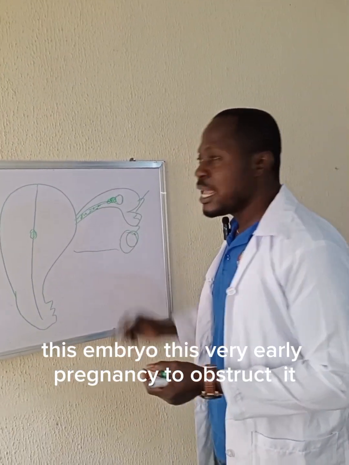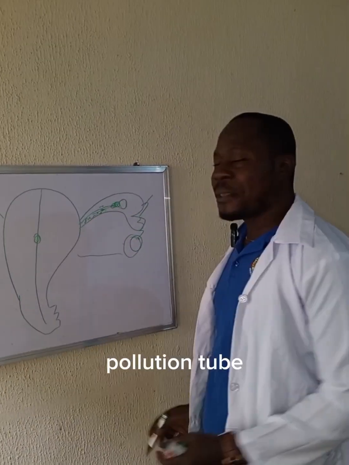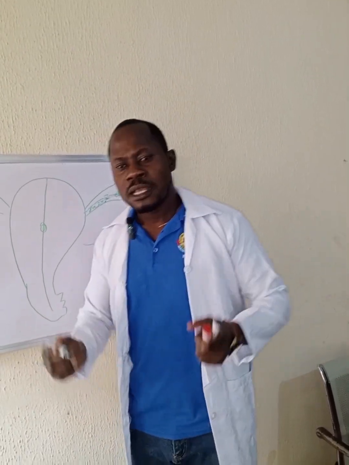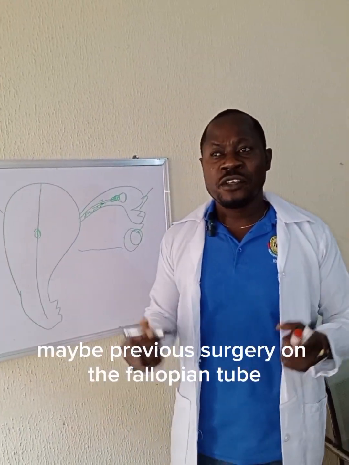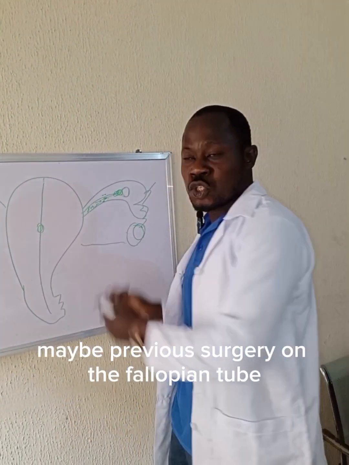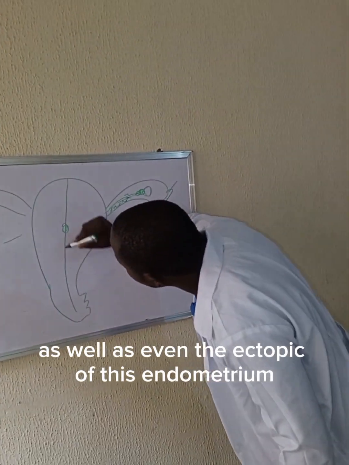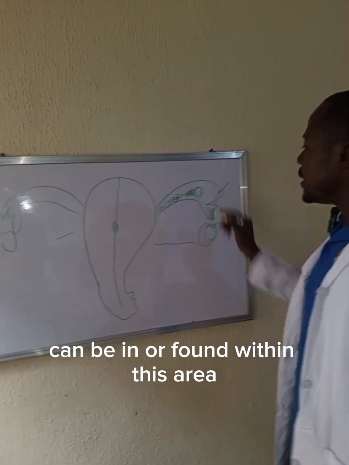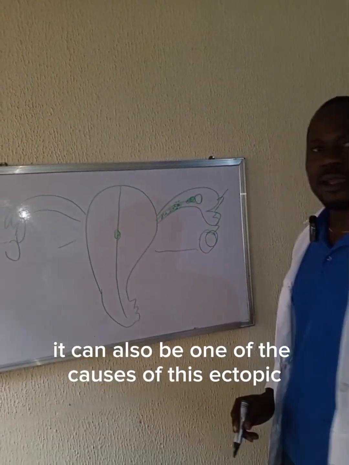And this inflammation can happen in the lumen of the fallopian tube as a result of bacterial infection like gonorrhea, chlamydia, maybe previous surgery on the fallopian tube, as well as endometrial tissue found within this area. It can also be one of the causes of this ectopic.